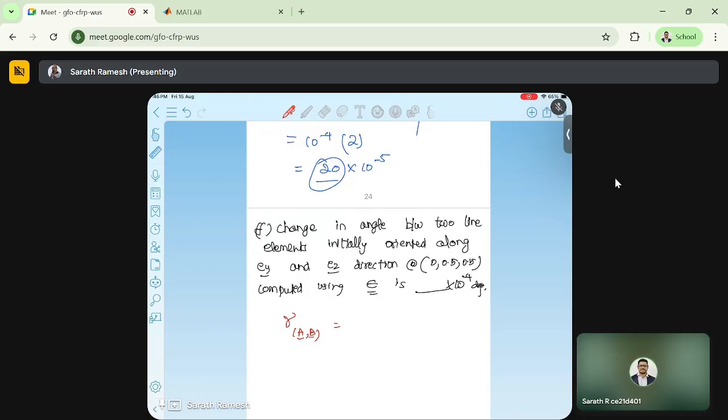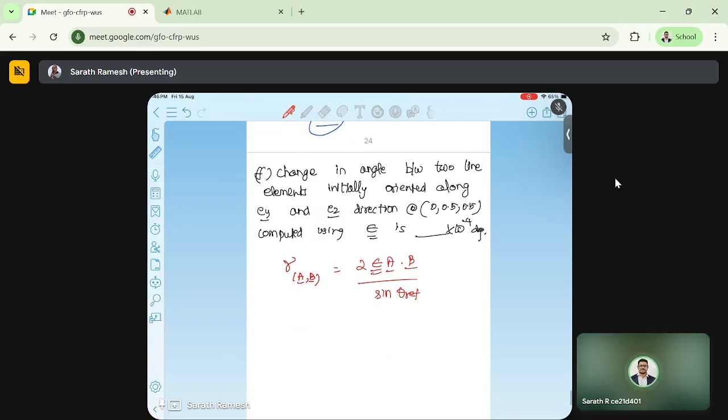Actually, in the derivation of this gamma, we would have used the assumption that the gamma angle is very small. But for this problem we can confidently use the formula 2 epsilon A dotted with B divided by sine theta ref.